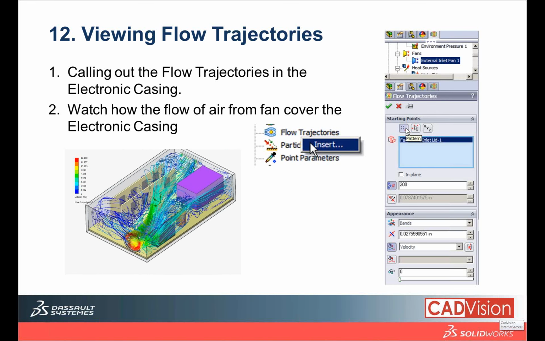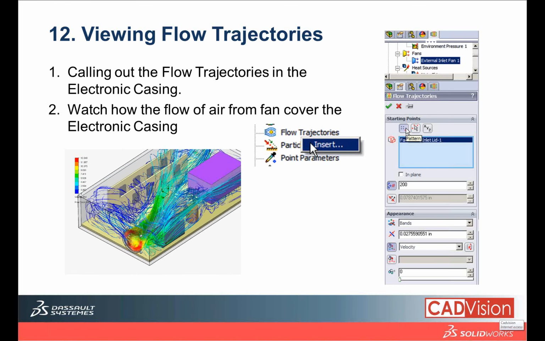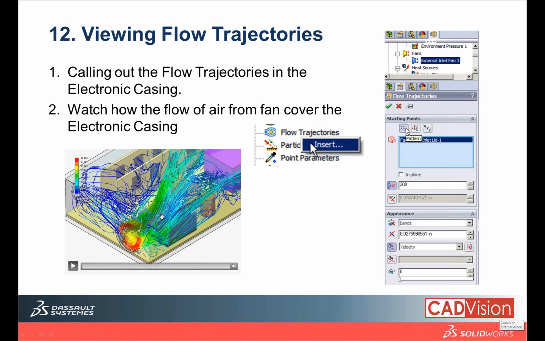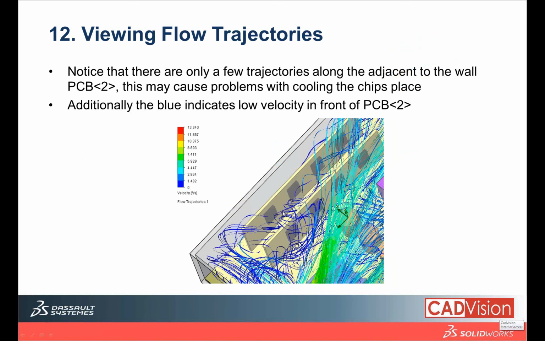From the fans, the flows come out to the outlet, flowing through each of the components. If we look clearly here, we'll know that the flow passes through the heat sinks a lot.